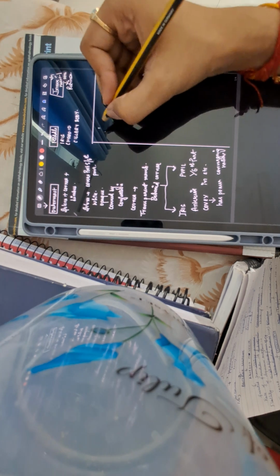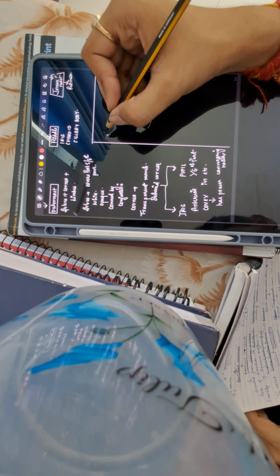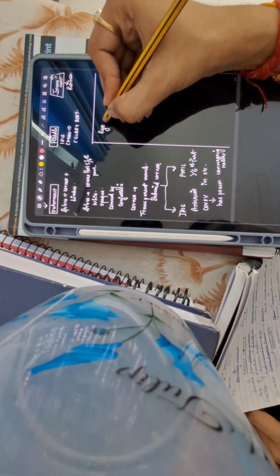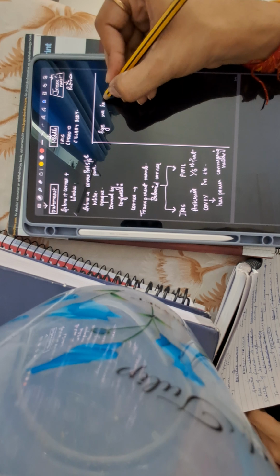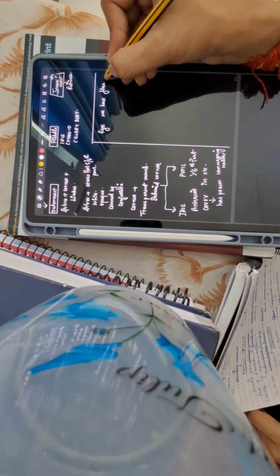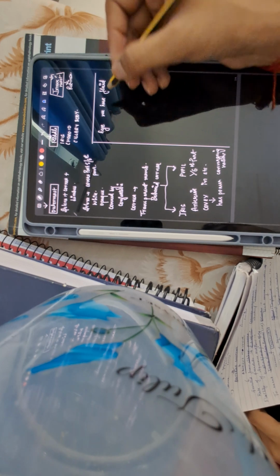As I've already told you, in the eye we have fluid, the aqueous humor and the vitreous humor that we are talking about right now.